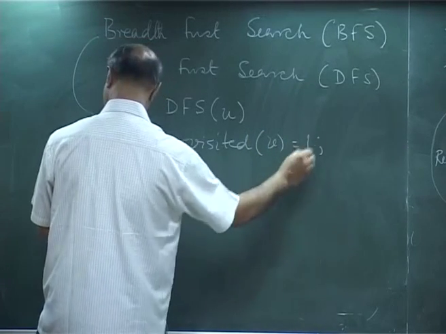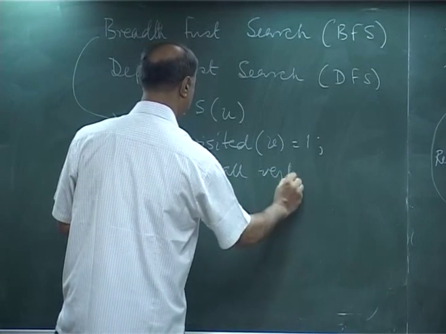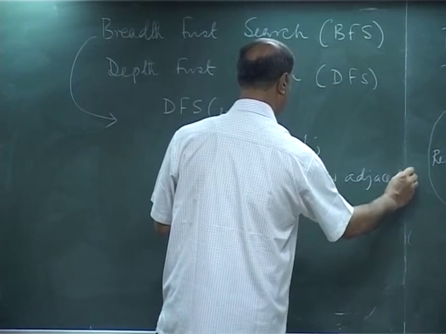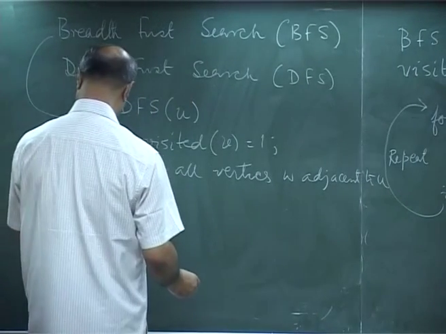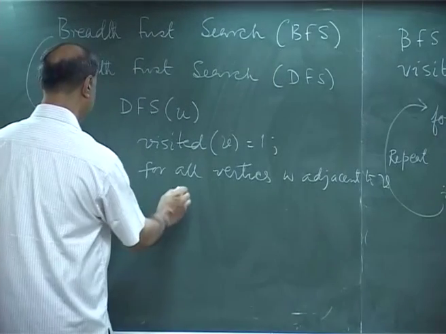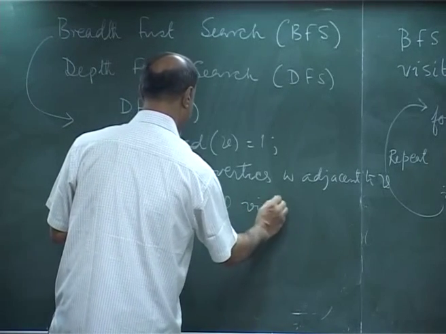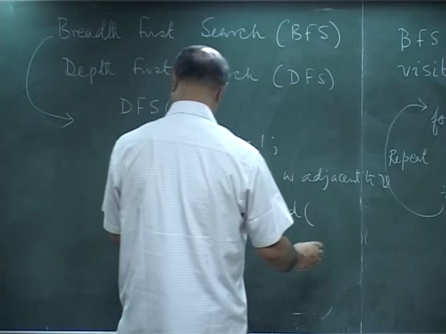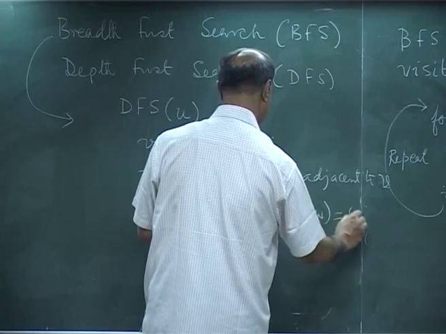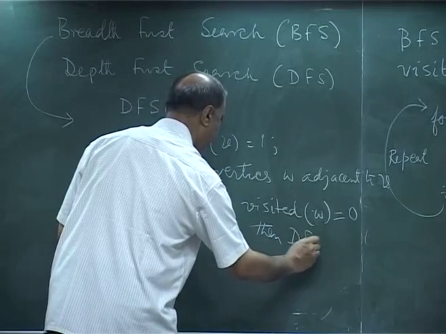Visited V is equal to 1, and for all vertices W adjacent to V, do the following. If visited W is equal to 0, then DFS W.